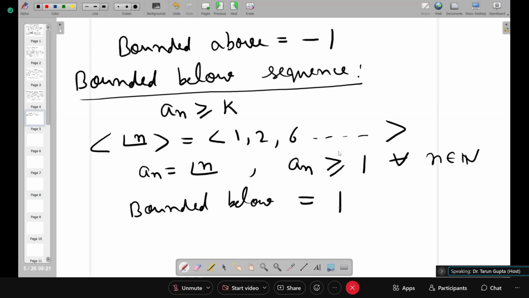Now this is bounded below, and now bounded sequence.